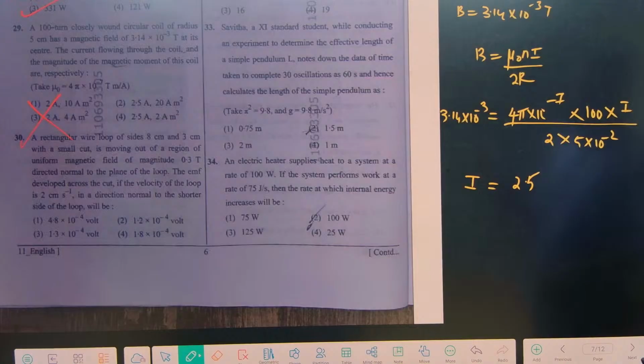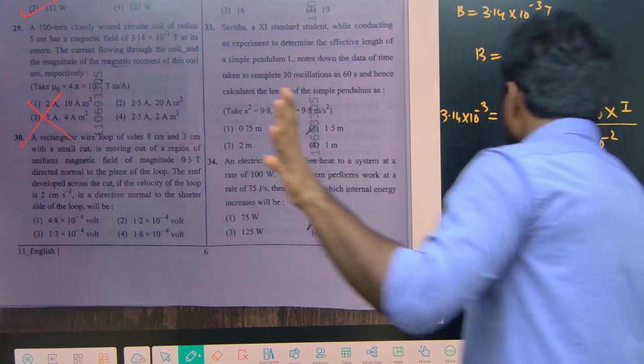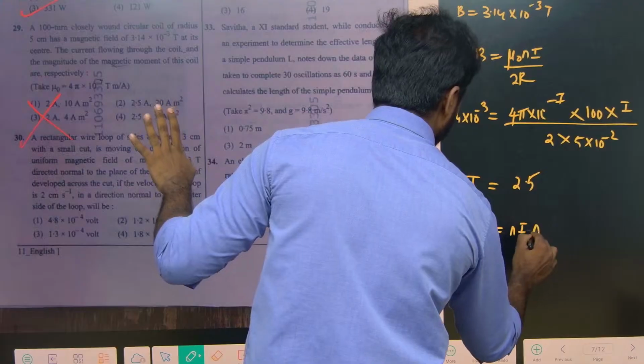Magnetic moment formula is N into I into A, so M is equal to NIA.